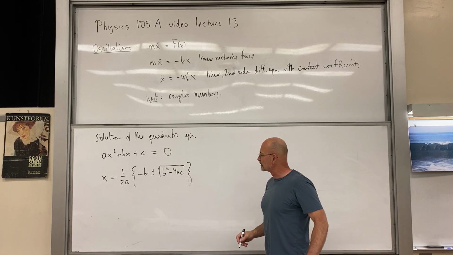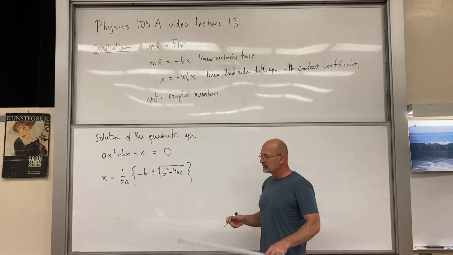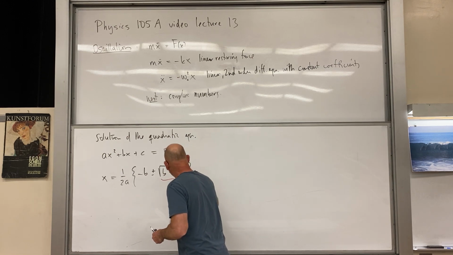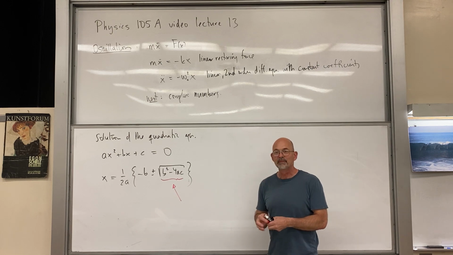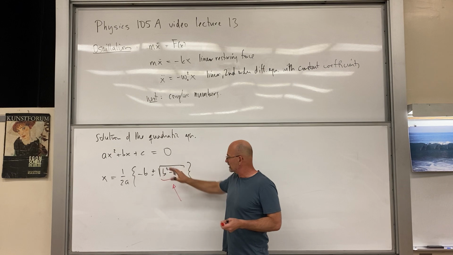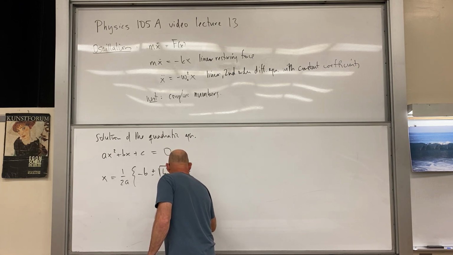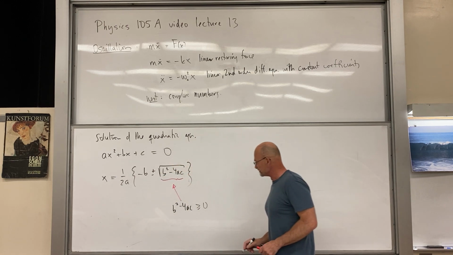And that's nice, so there are two solutions generally to the quadratic equation. But then we learn that we have to deal with this thing here. B squared minus 4ac has to be positive because otherwise we can't take the square root. So we have b squared minus 4ac must be greater than or equal to 0.